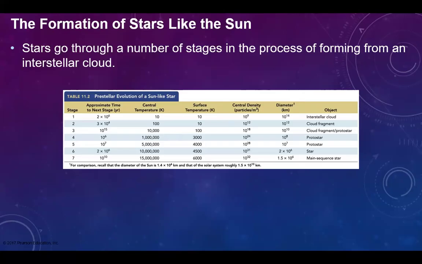So a protostar is something that looks like a star, but it hasn't started fusion yet. So it's dense, it's hot, it's glowing, but fusion hasn't begun. And then eventually, the core of the star will reach 10 million degrees Kelvin, and fusion will begin, and you'll have a star. And then over the next little while, it will move on to be a main sequence star.